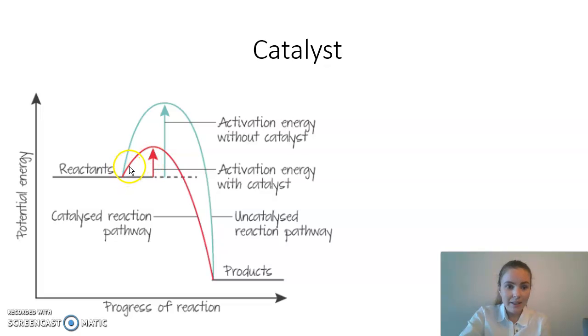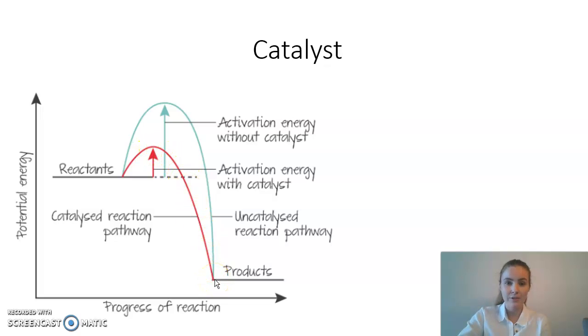So we see that less energy is needed for having sufficient energy. I said something about an alternative pathway. This is the normal pathway without a catalyst. With the catalyst, we have the alternative pathway with lower activation energy.